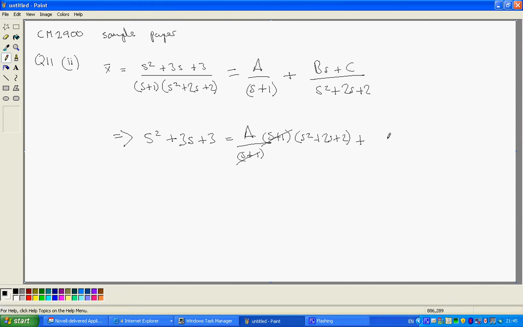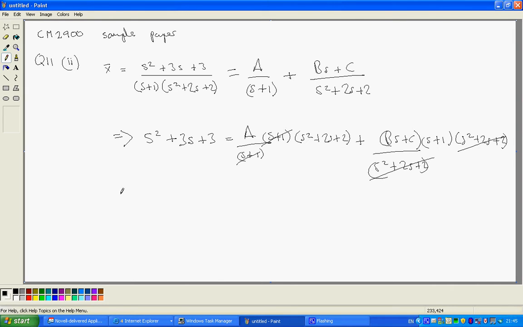plus Bs plus C times s plus 1 into s squared plus 2s plus 2. Now Bs plus C is over s squared plus 2s plus 2, and that will cancel with the same factor from the left hand denominator.